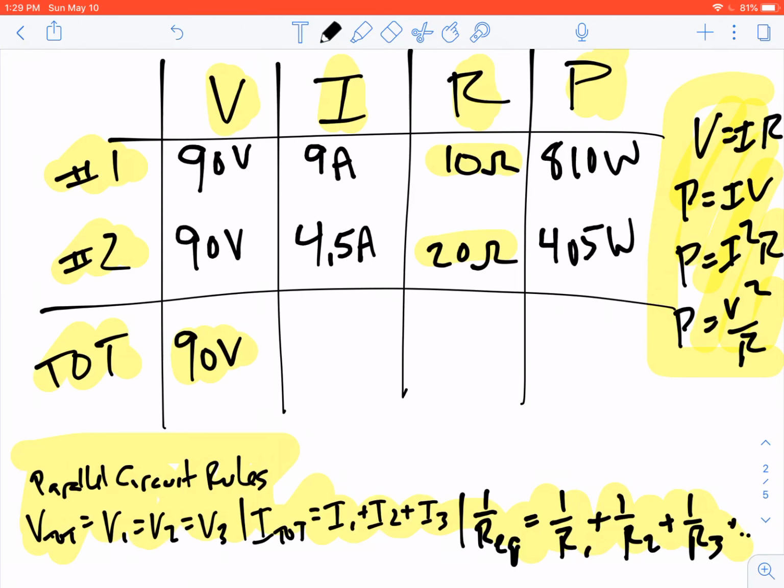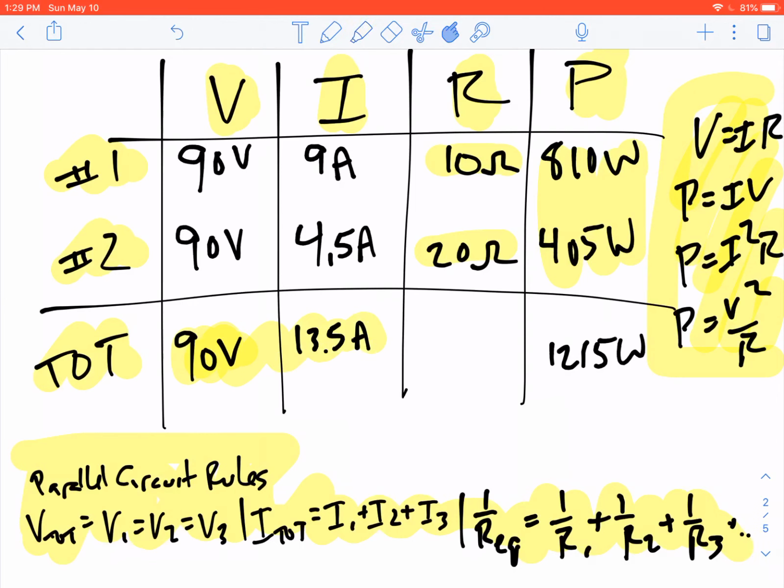Alright, now I can solve for the total circuit, and I can see that the total current is going to be 9 amps plus 4.5 amps is 13.5 amps. Then I can solve for the total power. I can add up the powers in the individual resistors and get a total of 1215 watts, or I can multiply the total voltage by the total current and I get the same answer.